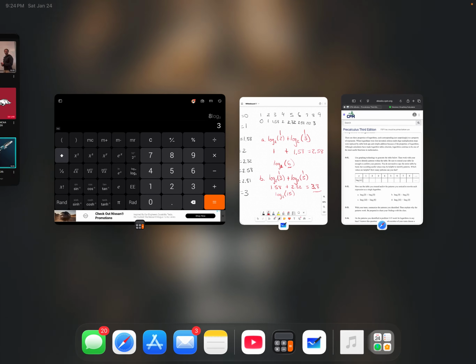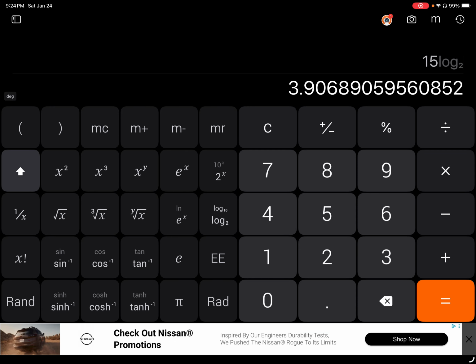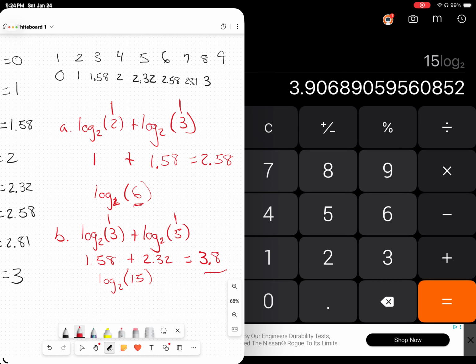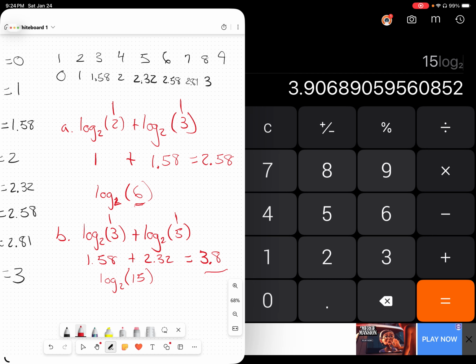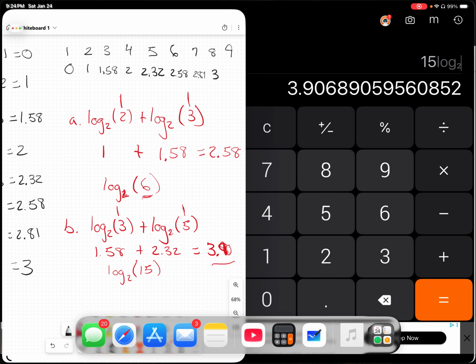Let's check that. Log base 2 of 15 is 3.90, so that's a rounding thing because we rounded. Obviously there are longer decimals there. But that way we can see those properties work.